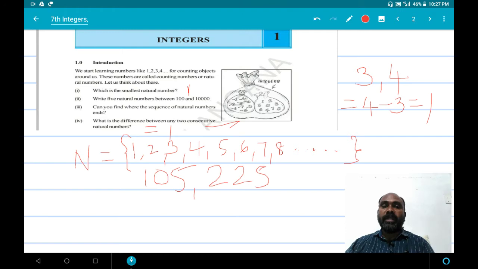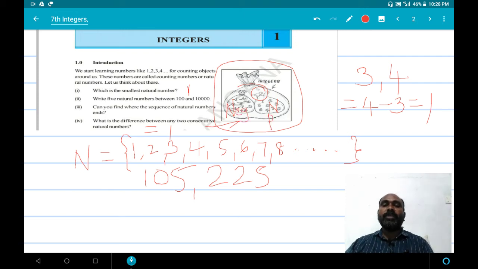Next one, here in this figure, integers are shown. Here is 0, and this bag contains natural numbers, and this bag contains negative numbers.